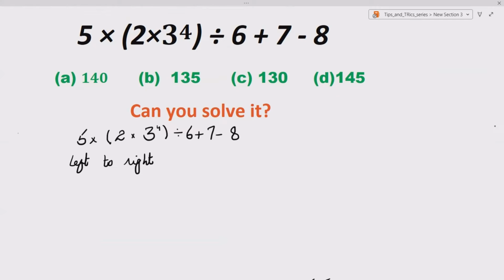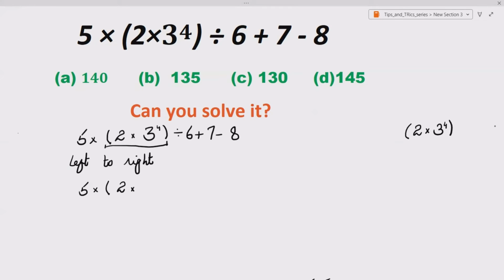According to the BODMAS and PEMDAS rule, we have to solve the bracket first. So we have 5 multiplied by the bracket, and we are solving this term first: 2 multiplied by 3 raised to the power 4.